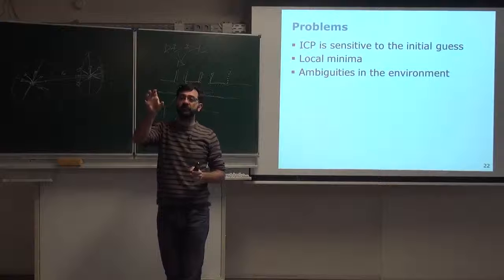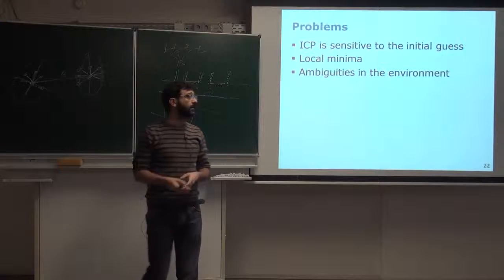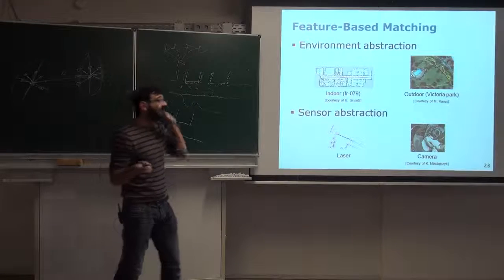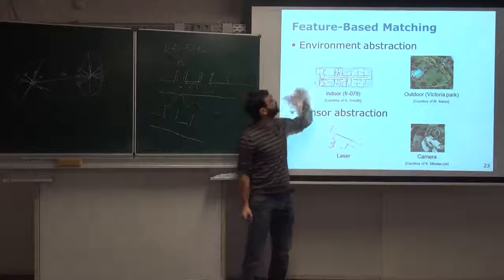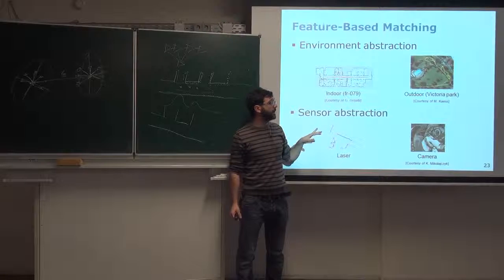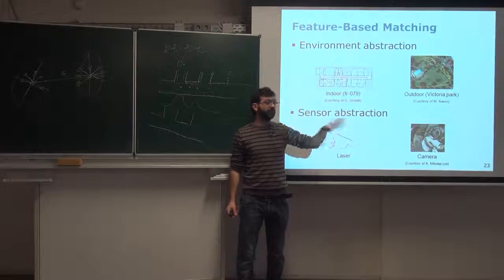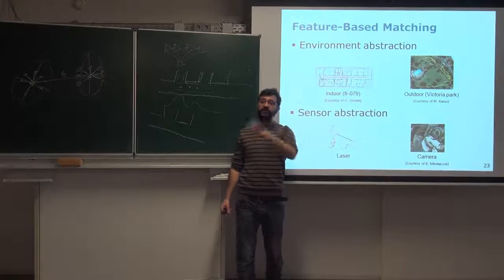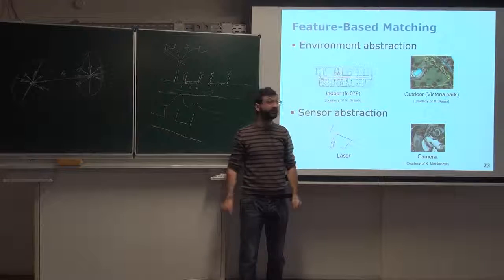Because it just gets you closer to where you should be. And from another point of view, it's also very interesting because you can then abstract a lot of properties of either the environment or the sensor, and just have one framework again.